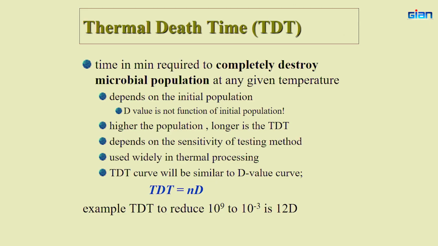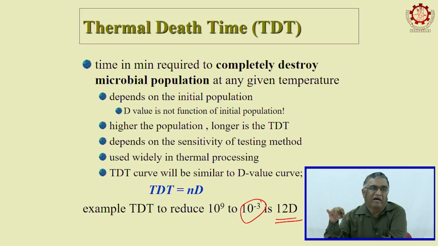Thermal death time is one step forward. Basically, it is how much time it takes to destroy the population at a given temperature. For example, if I have 10 power 9 organisms and I want to reduce to 10 power minus 3, then I have 12 log reduction. Now, the question is, what is 10 power minus 3? Is it practically possible with microbiology?